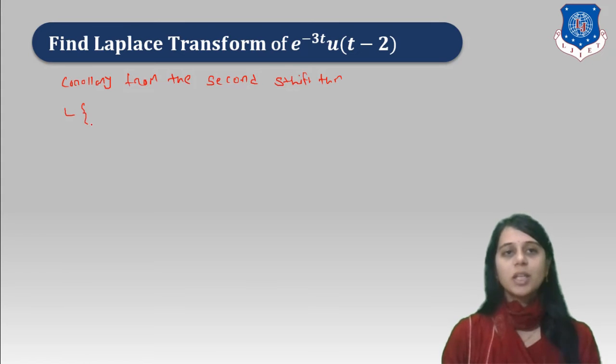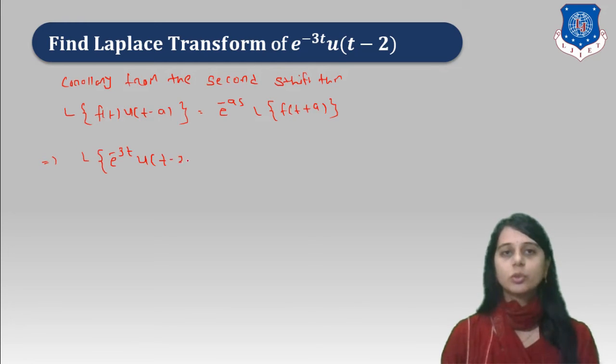The corollary says that Laplace of f of t u of t minus a equals e raised to minus as Laplace of f of t plus a. Okay, so for this we take Laplace of e raised to minus 3t u of t minus 2. So we take e raised to minus 2s Laplace of f of t plus 2.